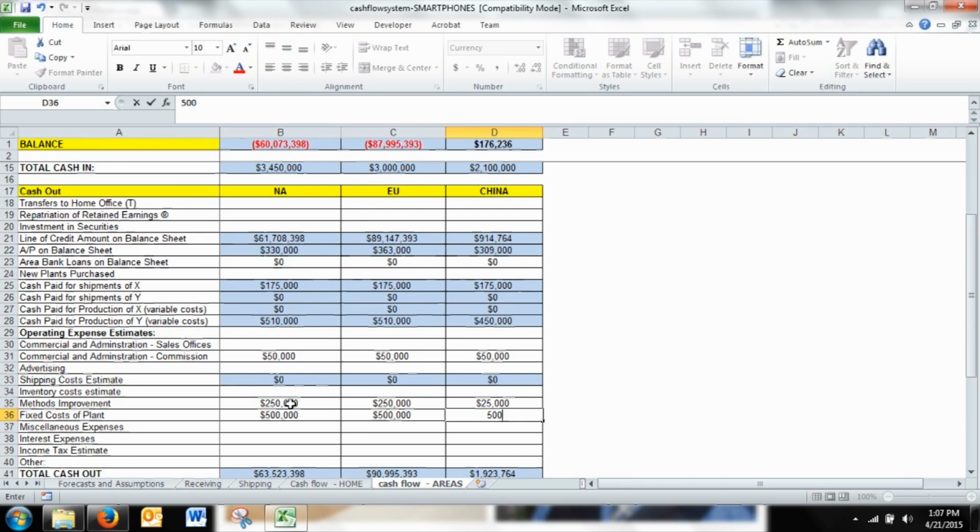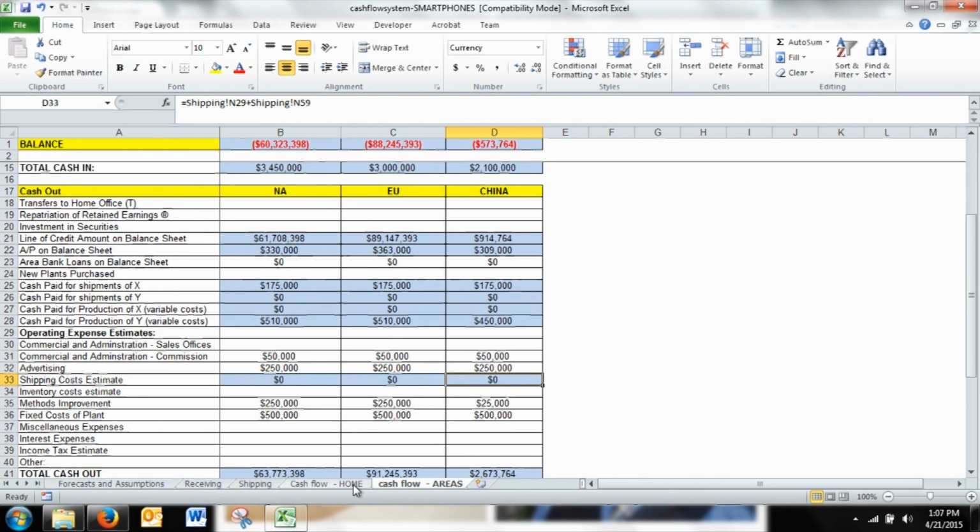Now you'll have a better idea of what these are going to be by looking at previous outputs, but you can certainly see how these are going to affect our cash flows. Okay, so I've put in fixed costs of plant, and I'll put in an amount for advertising here of $250,000, and those are all of our assumptions there in terms of expenses.